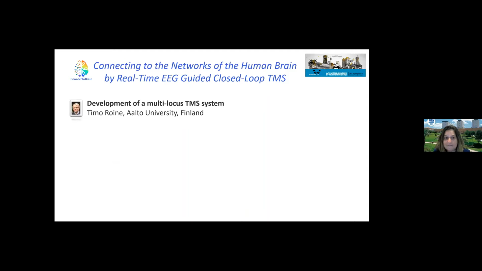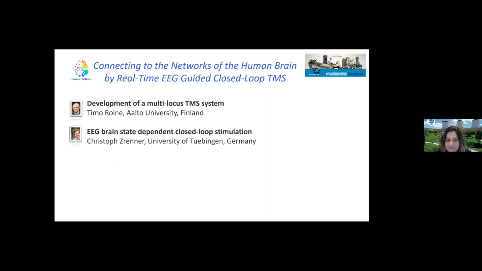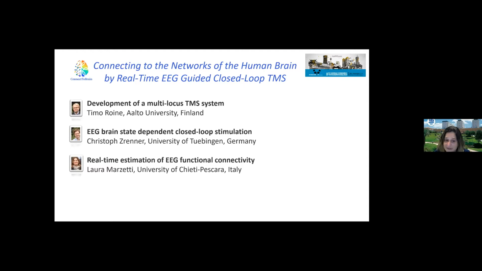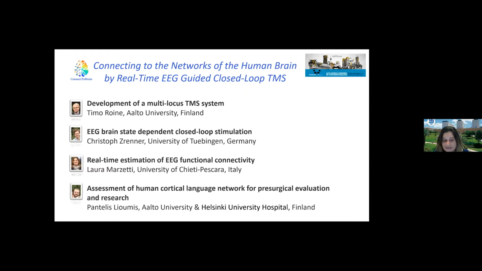So today, each of us will cover one of the specific aspects of the project, and Timo Roine from the Aalto University will talk about the development of this new system, the Multilocus TMS system. Then Christoph Zrenner will talk about this idea of using the EEG information in order to stimulate the brain in a closed-loop fashion. Then I will more specifically focus on the idea of using functional connectivity derived from EEG in order to inform the stimulation or to link the stimulation to the effects that it has on the brain.